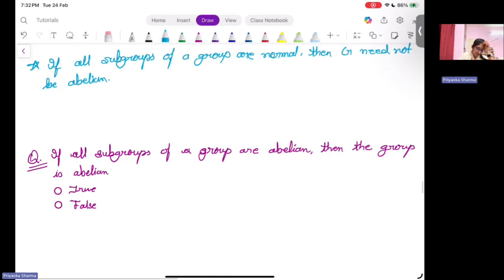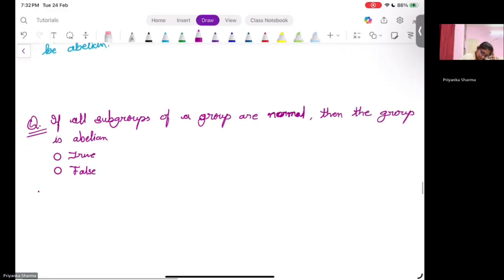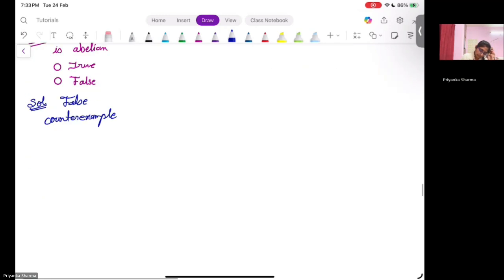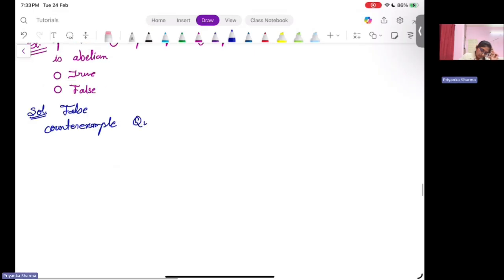Actually, this is the statement I wanted to write. So the statement is false. And what can be a counterexample? Q4.